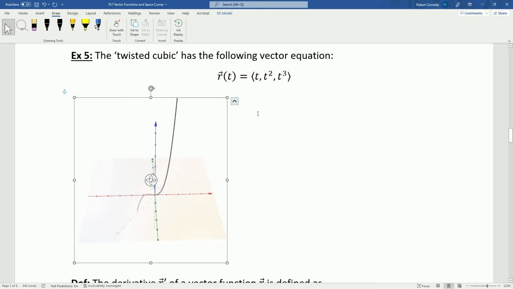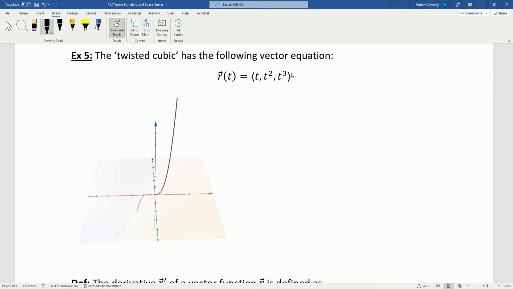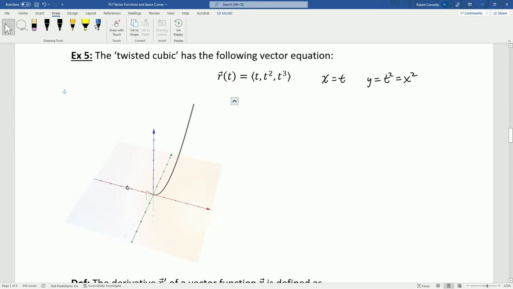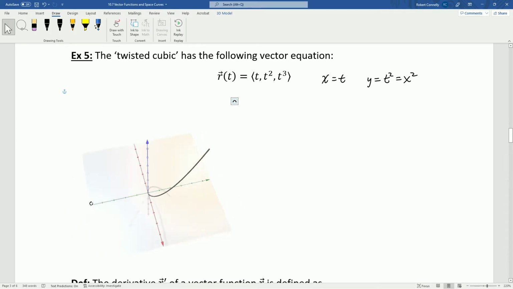So let's look, for example, at what happens if I try to reparameterize this expression. So imagine that we just fixed some z value, and we just looked at the relationship between x and y. So x equals t, and y equals t squared, so y is equal to x squared. So if we take this curve, and let's see, x will be our red axis here.